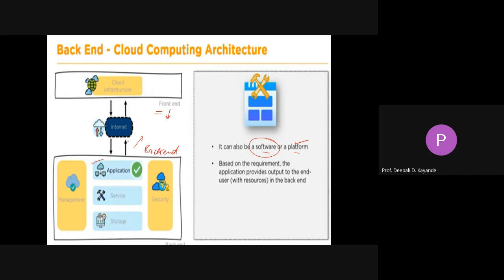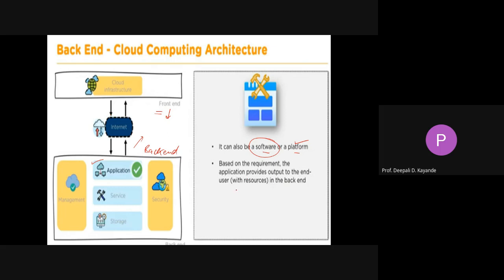If it is a registration form for an exam, then obviously that respective response should be coming from the backend. So the backend or the application should be designed in such a way that whatever request is given by the user is processed correctly, and according to that, the correct output or response should come from the backend towards the front end for the user.